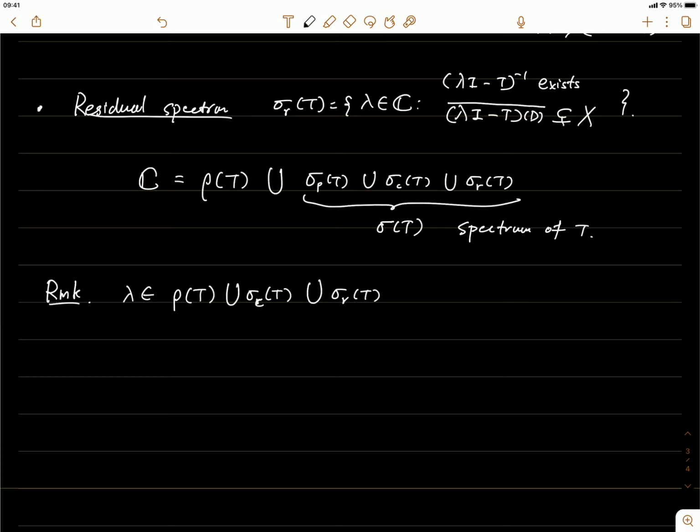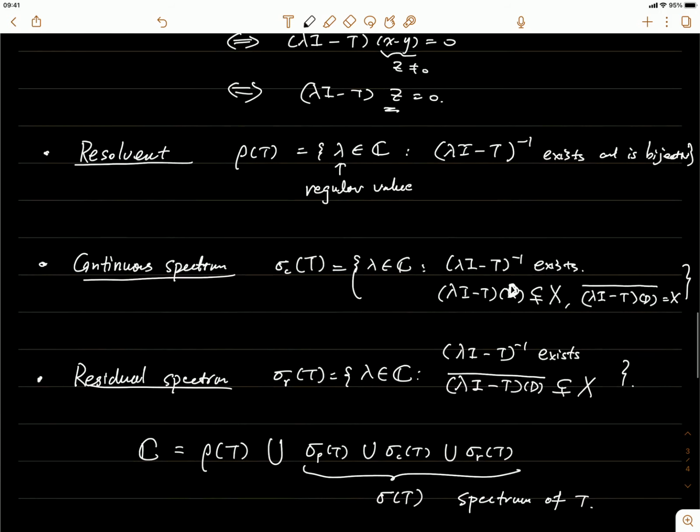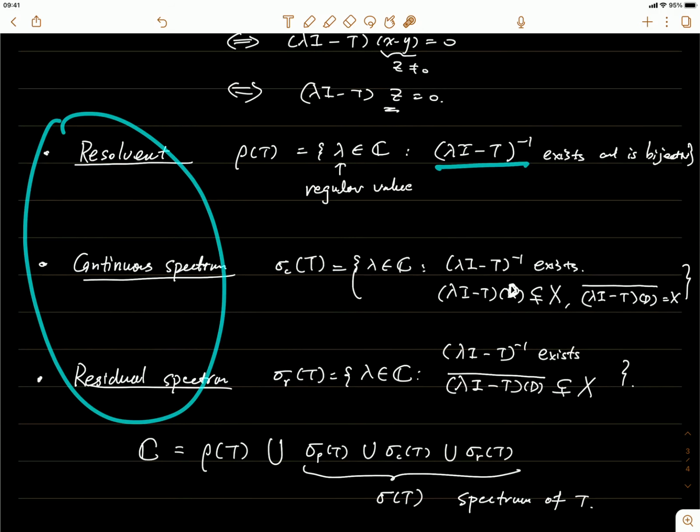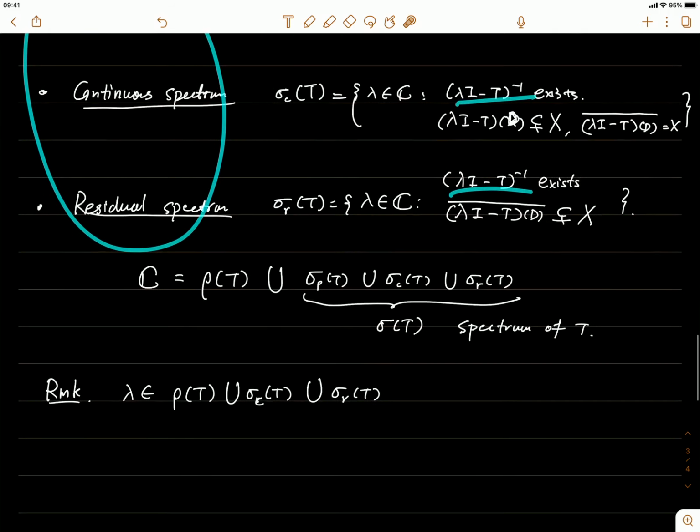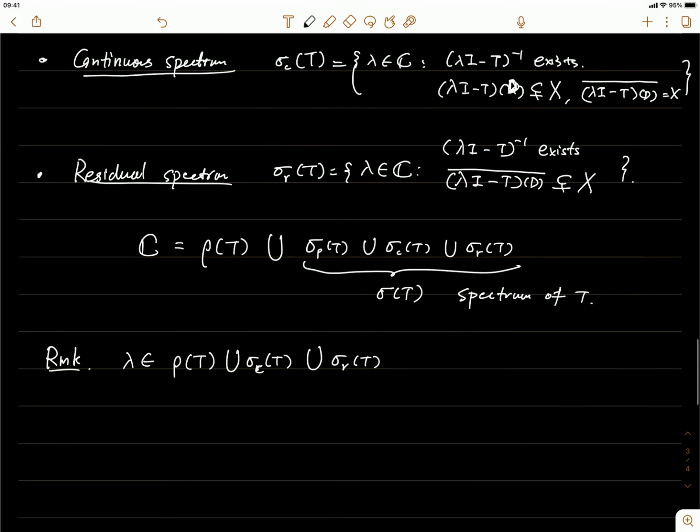In the first and the last two cases, in these three cases, we know that this inverse exists, if and only if the inverse of lambda I minus T exists.